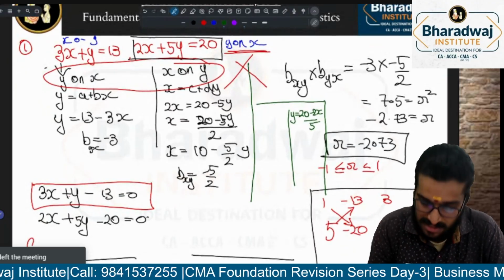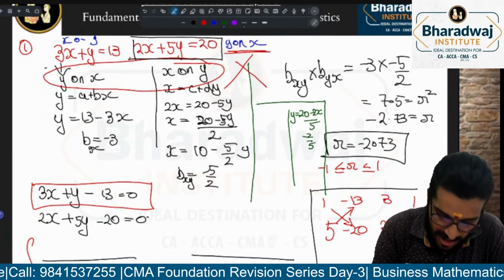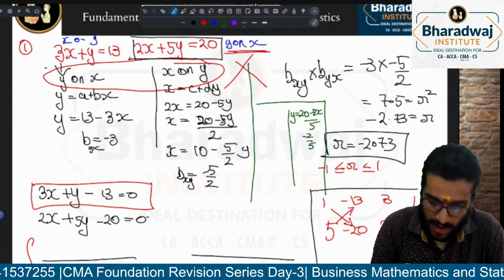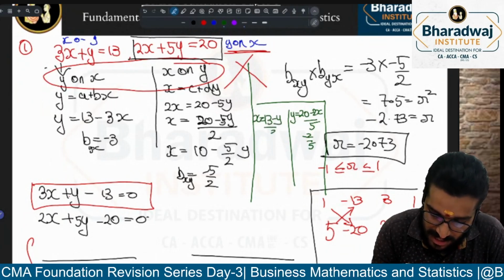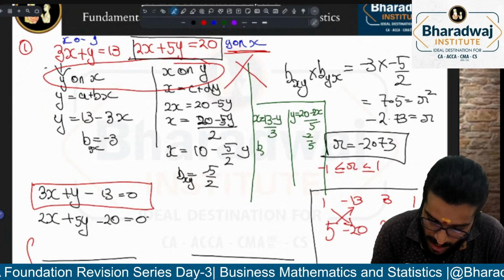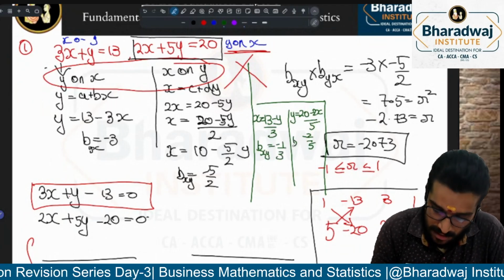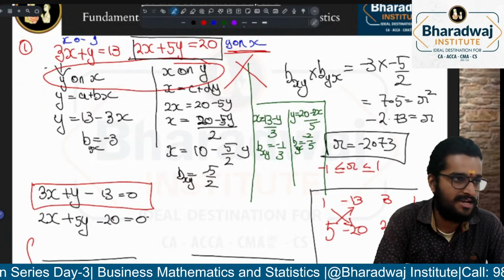What is byx? Minus 2 by 5. Similarly, here, how can I write it? X on y. So 3x equal to 13 minus y. X equal to 13 minus y by 3. What is bxy? Minus 1 by 3. Byx is minus 2 by 5. Bxy is minus 1 by 3.